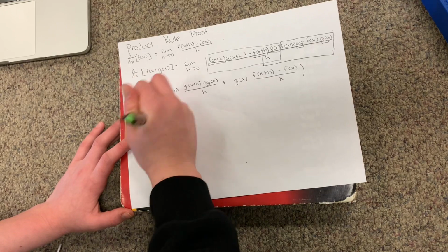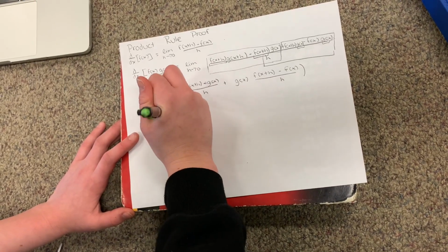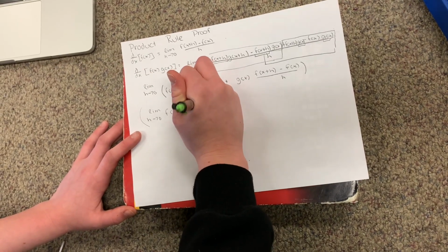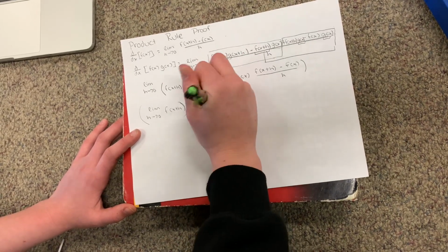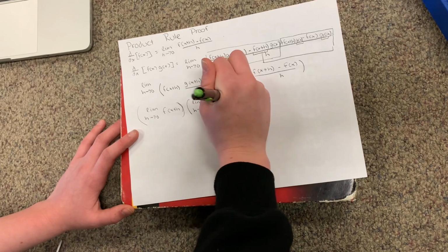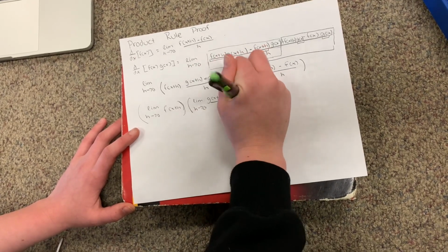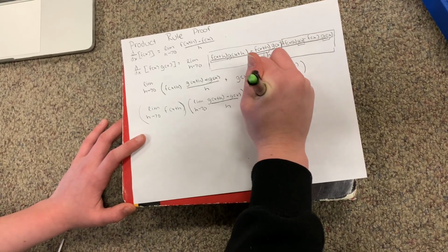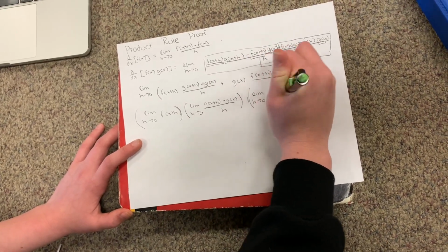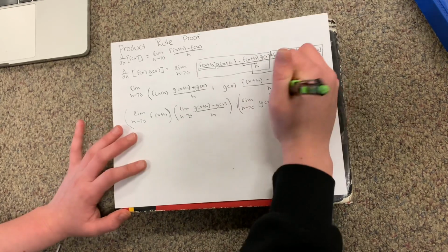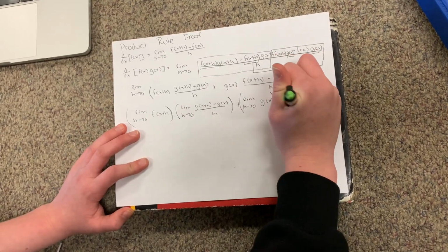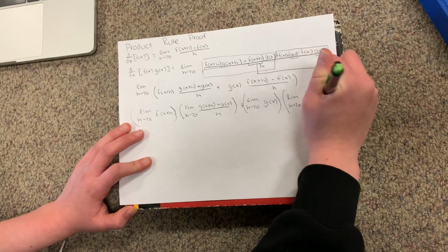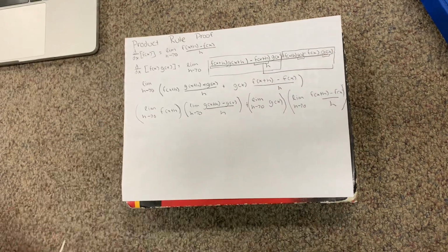The limit as h approaches 0 of f of x plus h, times the limit as h approaches 0 of g of x plus h minus g of x all over h, and then you're going to add that to the limit as h approaches 0 of g of x, multiplied by the limit as h approaches 0 of f of x plus h minus f of x over h. So you split those all up.